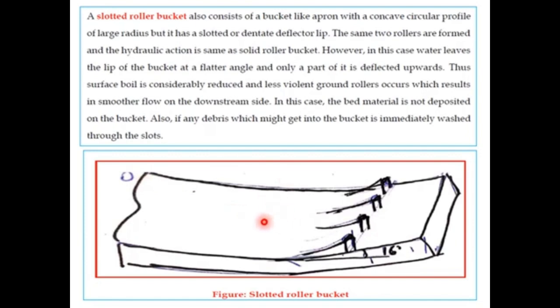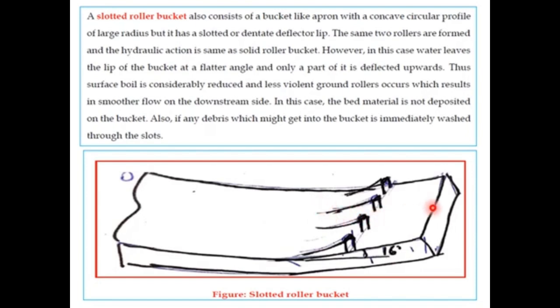the energy. But in this case the water leaves the bucket at a much flatter angle and only a part of it will be deflected upwards. Thus the surface boil as compared to the solid roller is reduced, and there will be less violent ground rollers, which results in smoother flow on the downstream side.